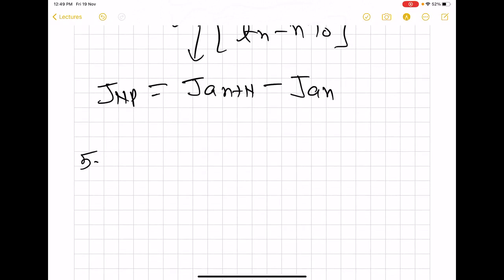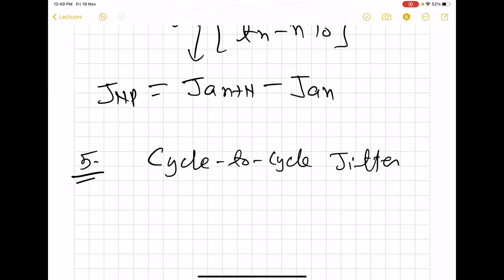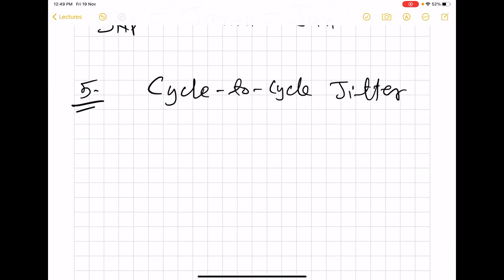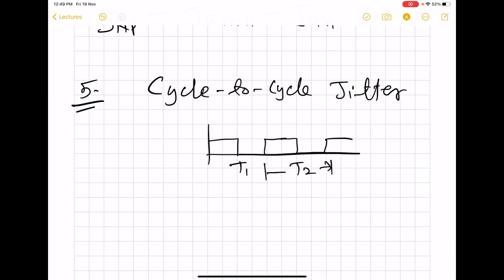And the fifth way in which we specify this jitter is called cycle to cycle jitter. So here what we do is we find out the difference between two consecutive periods. So this is one period, and then we have another period here. So they are not going to be equal.